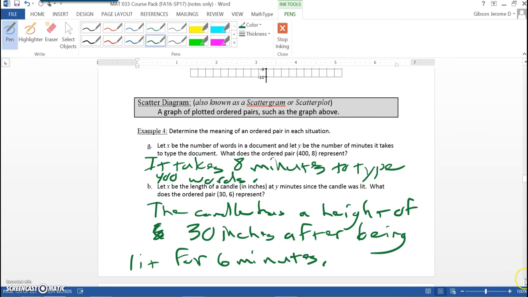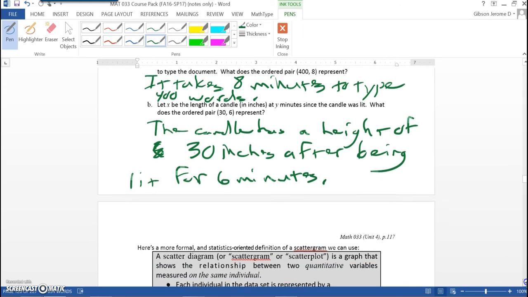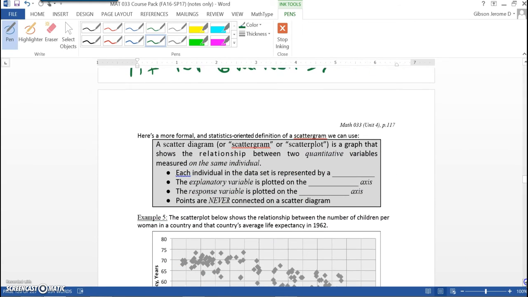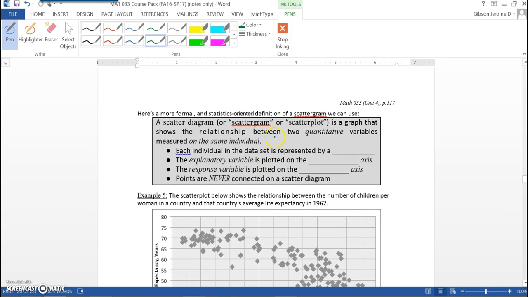Either way is fine. Okay, now it says here's a more formal and statistics-oriented definition of a scattergram we can use. A scatter diagram or scattergram or scatter plot is a graph that shows the relationship between two quantitative variables measured on the same individual.